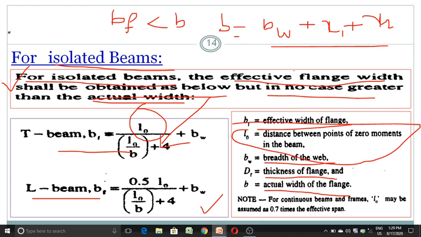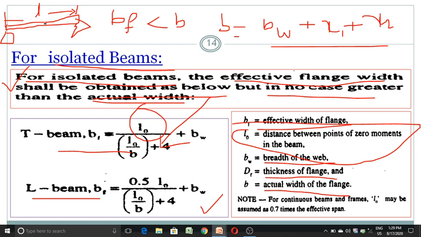Listen carefully. I will take a simply supported beam here. It is resting over two simple supports like this, and the span of this beam, or the effective span, is L.